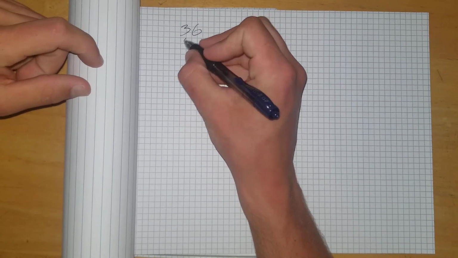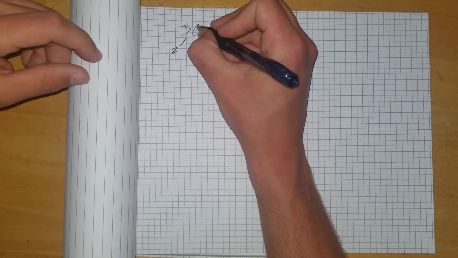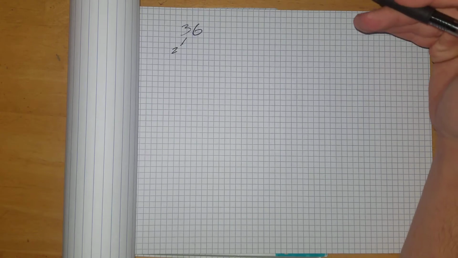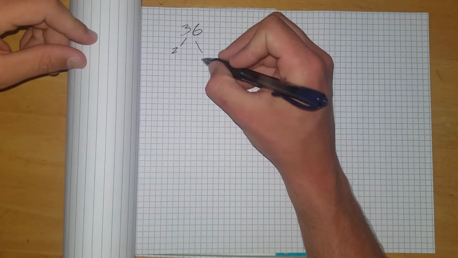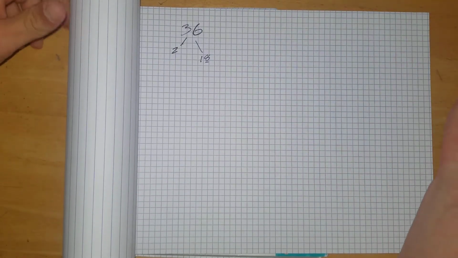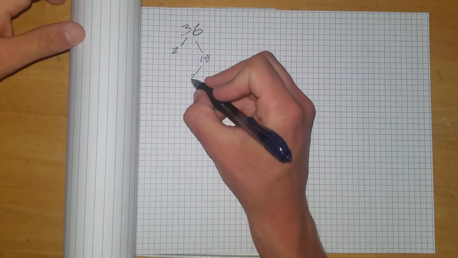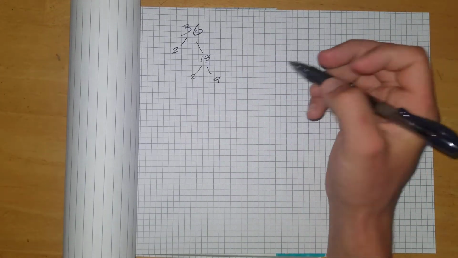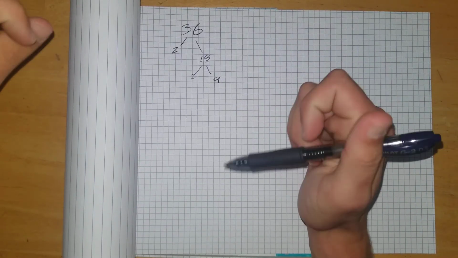The first thing I'm going to do is pull out a 2, because this is an even number. It ends with a 6, which means it's even, which means that I can divide it by 2. So 36 divided by 2 is 18. I take the 18 and pull down here. 18 is an even number, which means I can pull out another 2, and I'm left with 9. 9 is not an even number, so I cannot divide it by 2.